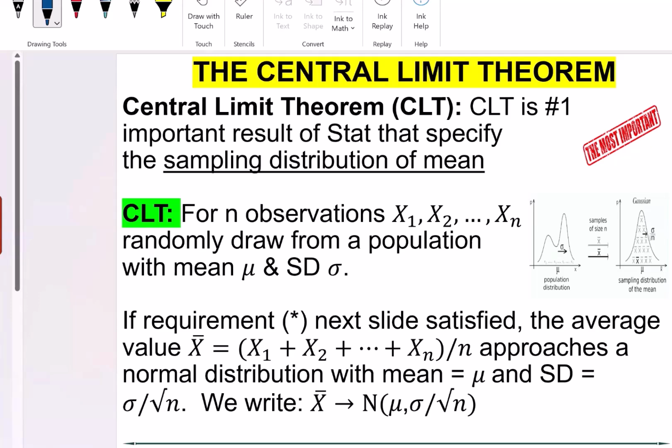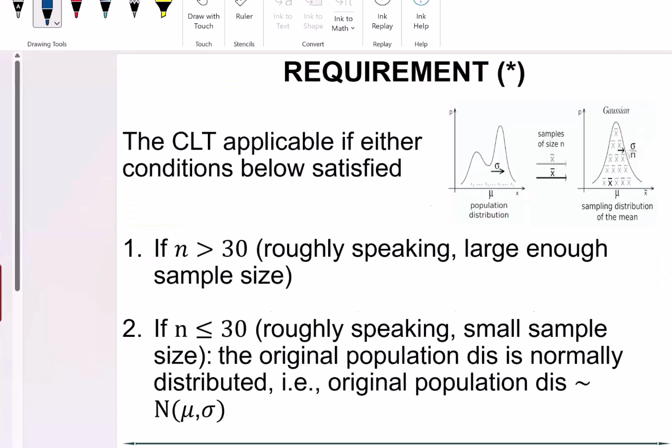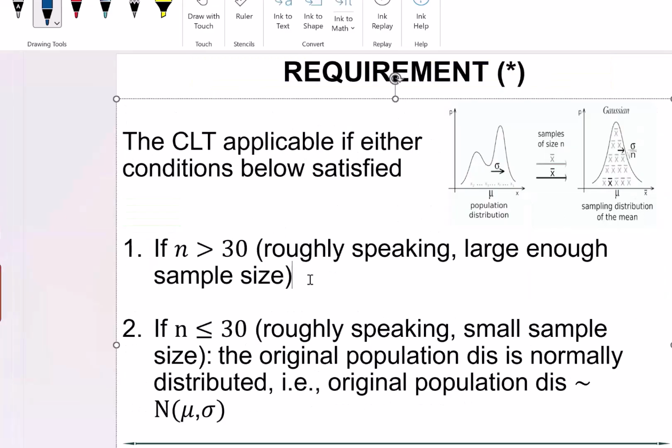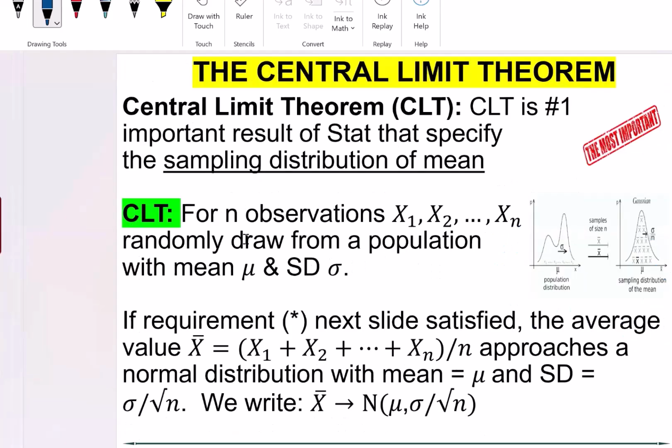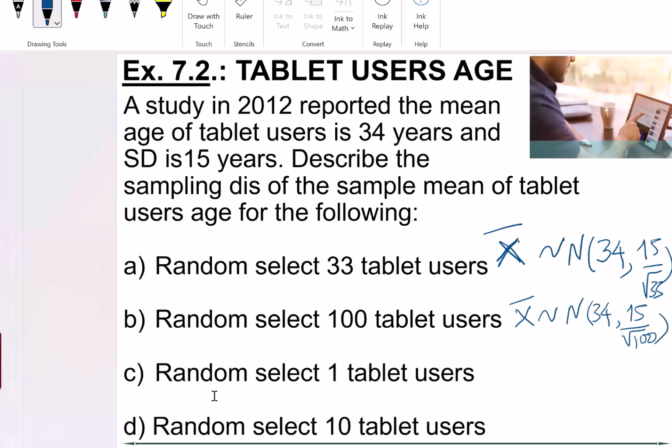If the requirement star in the next slide is satisfied, we check it. In this case, n equal to 10, which does not satisfy the first requirement, as n is less than 30. And again, we don't have any information about the original distribution. So we cannot apply the central limit theorem. For part D, the central limit theorem is not applicable.